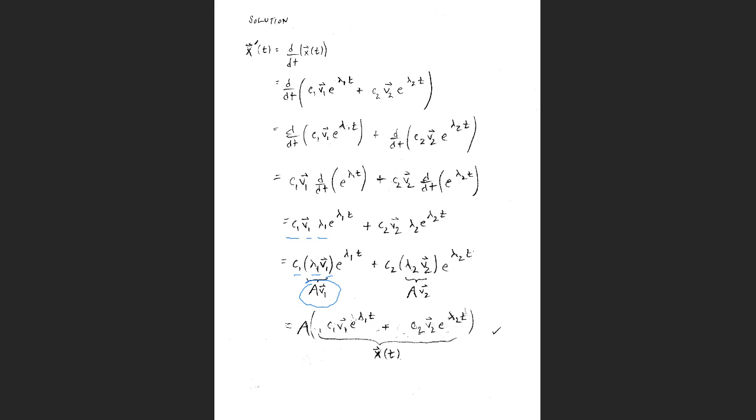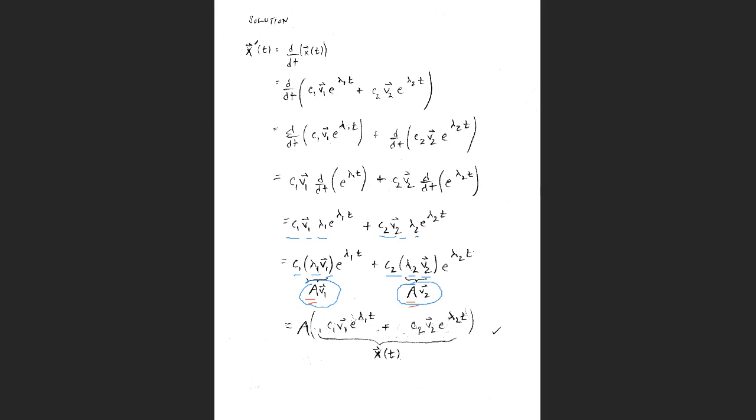And I can do a similar adjustment on the right term here. And so now this expression on the right, I can factor out the matrix A. The constant doesn't affect it, even though there's a c1 and a c2 to the left of the matrix A, the matrix A can be brought out in front.